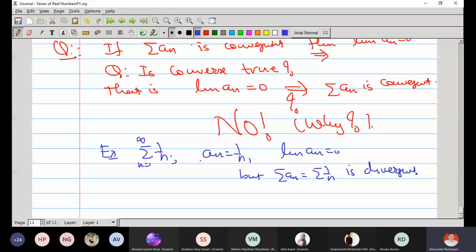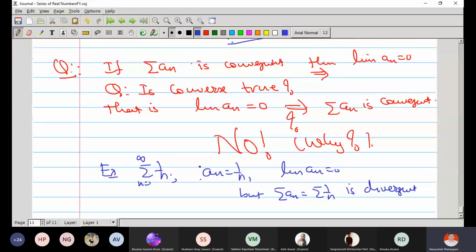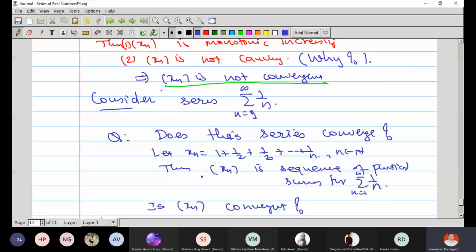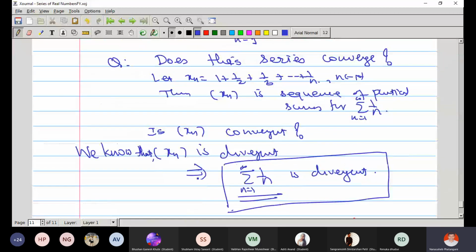And divergent we have proved, because the corresponding sequence of partial sums is not Cauchy and hence not convergent. All that we have already discussed. This example is interesting because limit an is 0 does not imply the series is convergent.